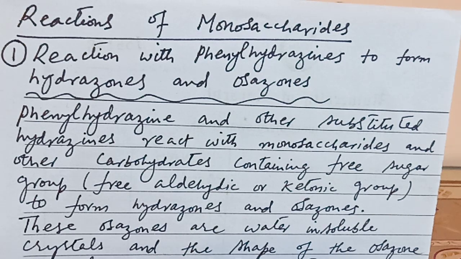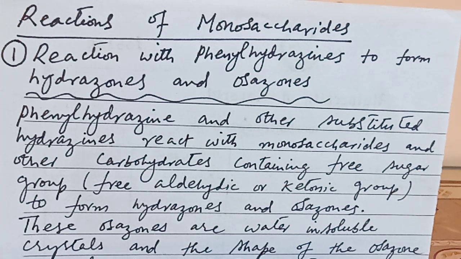Phenylhydrazine and other substituted hydrazines react with monosaccharides and other carbohydrates containing a free sugar group, a free aldehyde or ketonic group, to form hydrazones and osazones. The important point regarding this reaction is that the sugar glucose has a free aldehyde group.